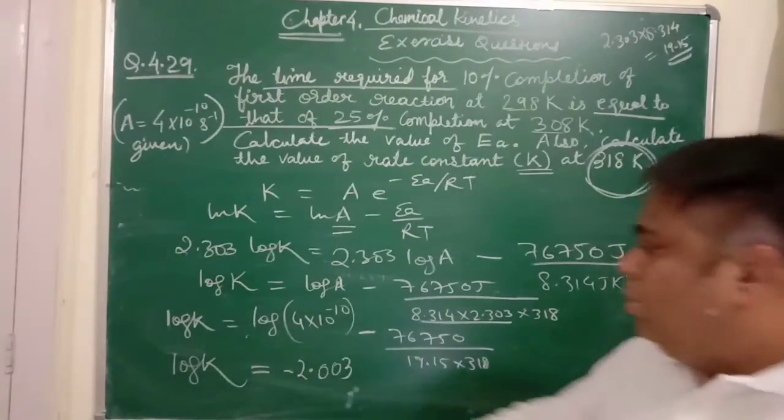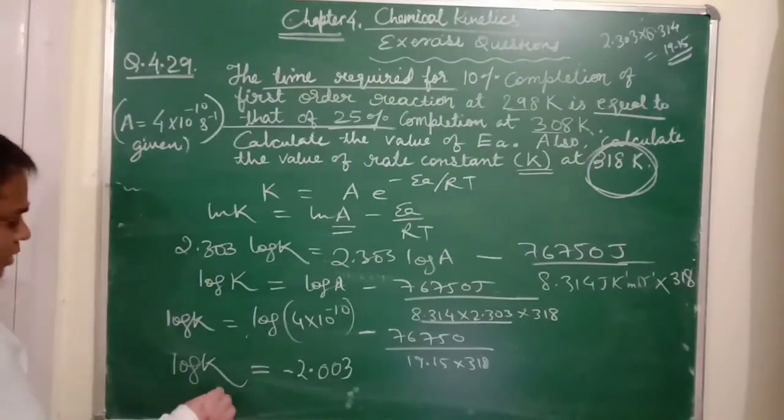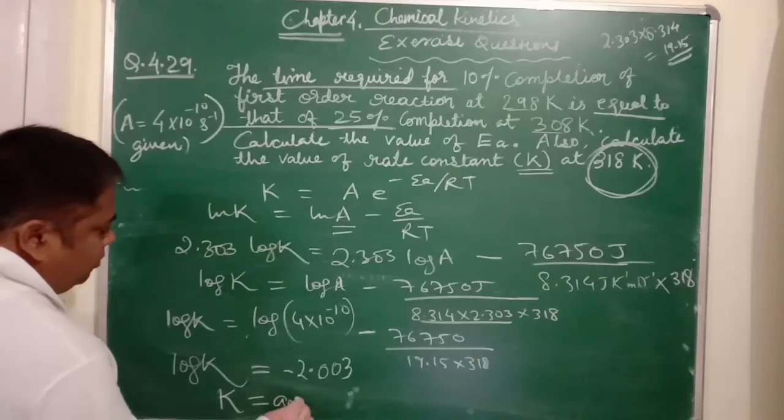So from log k, how will we find out k? k will become the antilog.